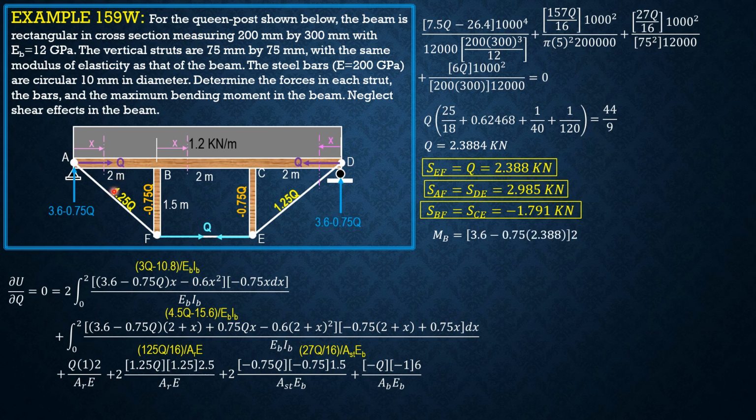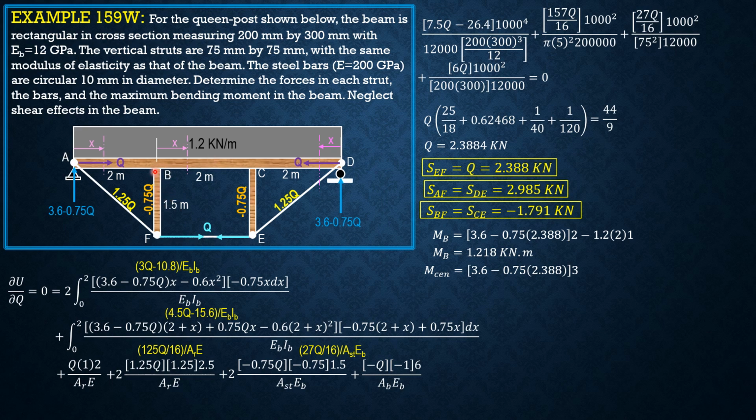Therefore the maximum moment occurs at the center. You evaluate also at B. So this is the moment at B: quantity 3.6 minus 0.75 of Q times 2 minus 1.2 times 2 times 1. So moment at B is 1.218 kilonewton meter, whereas the moment at center is quantity 3.6 minus 0.75 of Q times 3 plus 1.791.